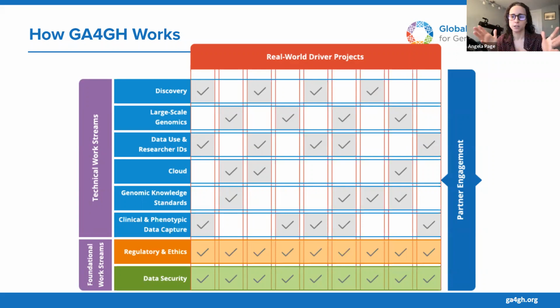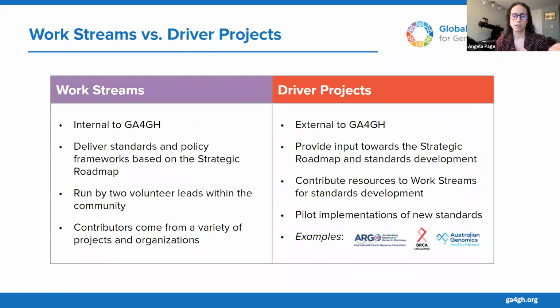So the driver projects are these real world initiatives external to GA4GH, things like Australian Genomics, ICGC ARGO, Genomics England, ClinGen, that have existed long before GA4GH, but have a particular interest in realizing our mission.